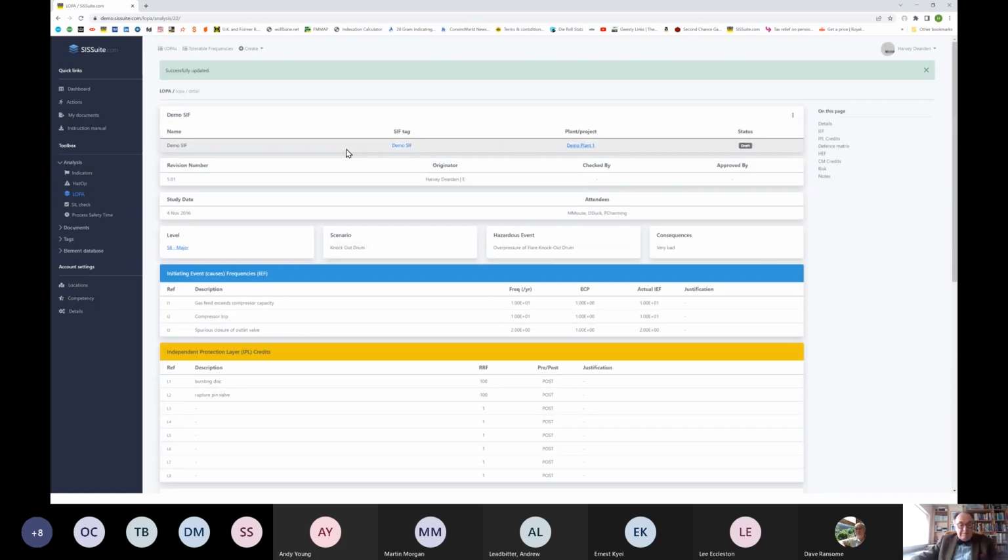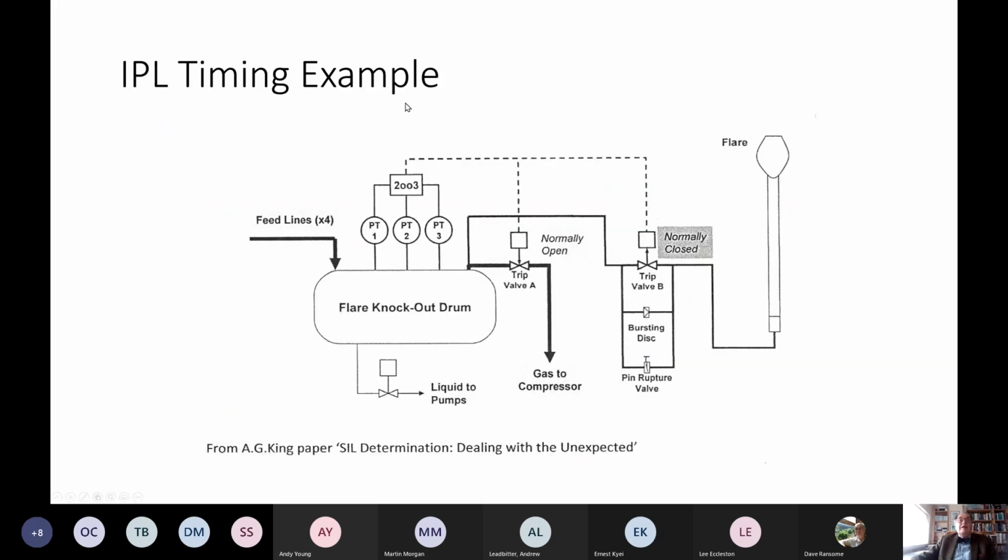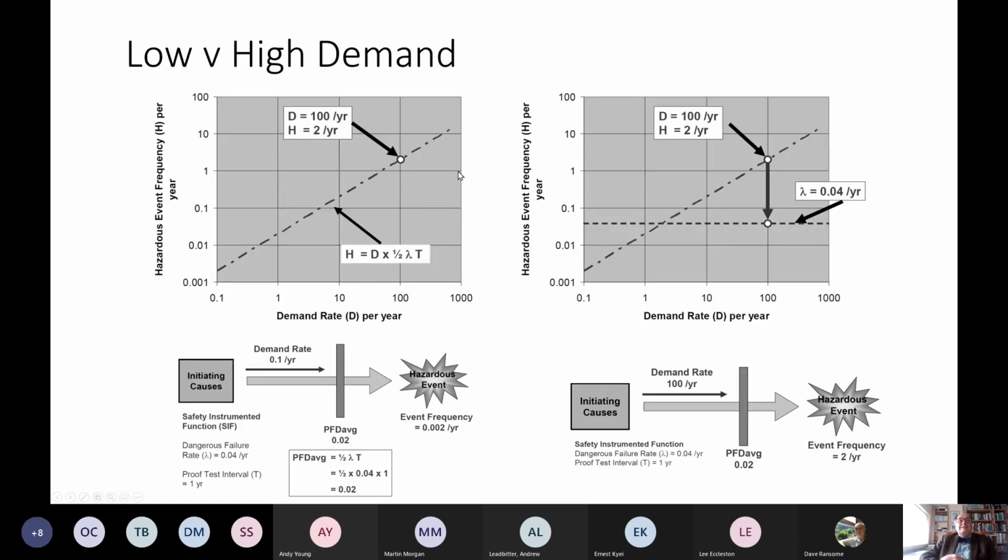If I flip back to my presentation. Okay, this slide's a little busy, but hopefully this will explain why there's that counterintuitive possibility of a SIL1 requirement for this particular application.